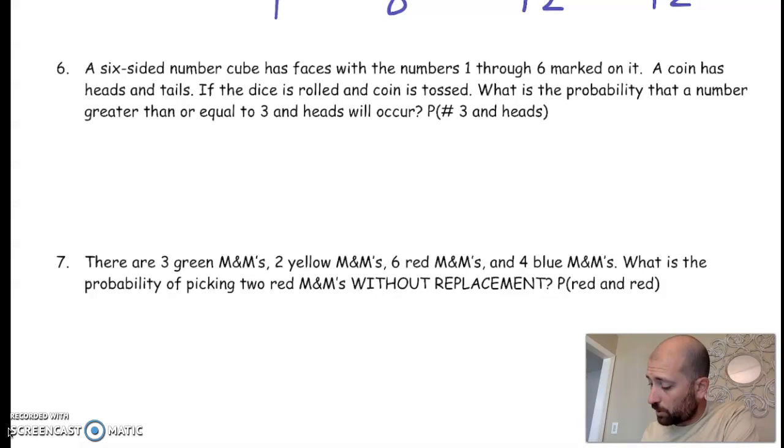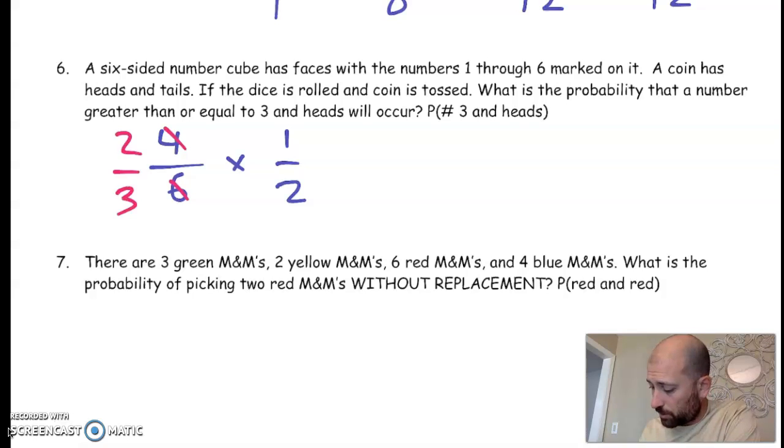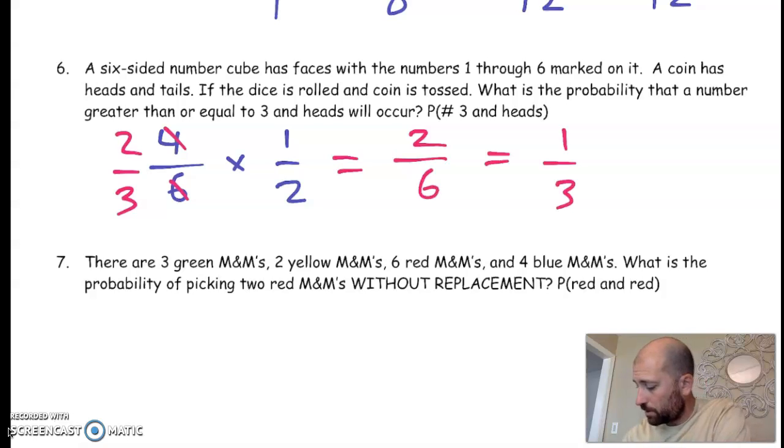So greater than or equal to 3 is 3, 4, 5, 6. That is 4 out of 6. Multiply that by a heads, which is 1 out of 2. What I'm going to do with 4 out of 6 is reduce that to 2 out of 3. Now when I multiply, I'd get 2 out of 6, which again can be reduced to 1/3.